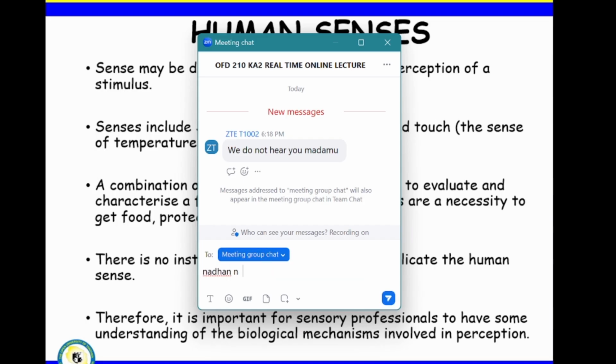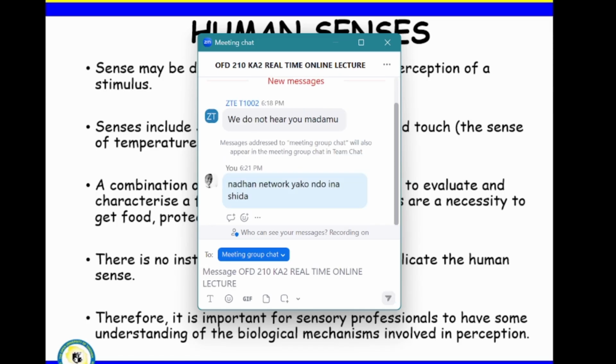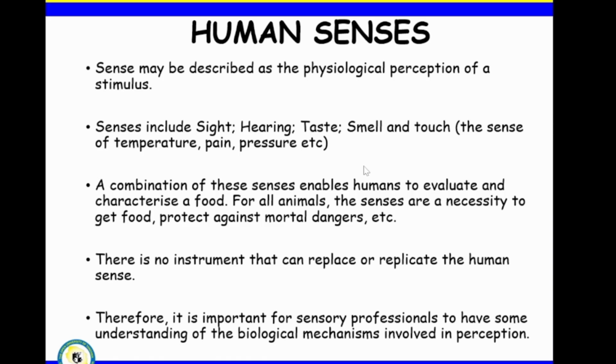When we are talking about the sense of touch, it is like temperature, whereby you can feel that the tea is hot, or even the pain or pressure, like when you press an unripe mango, you can sense that it is hard, so it is pressure.